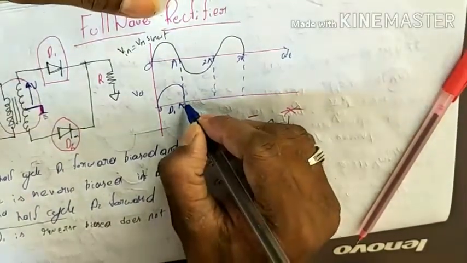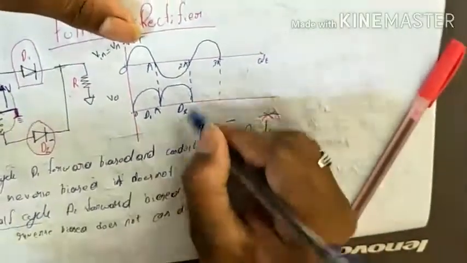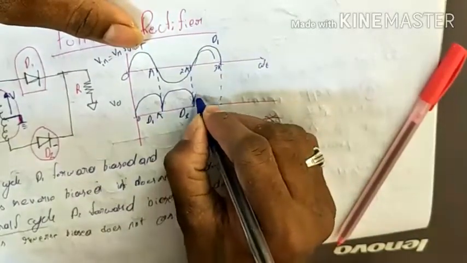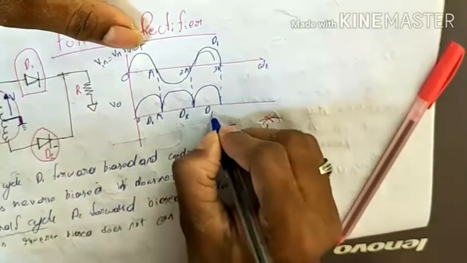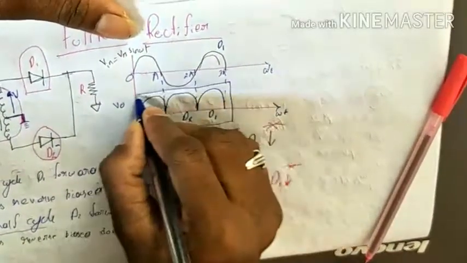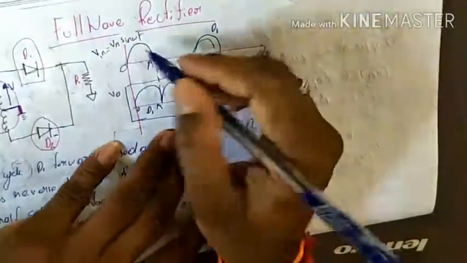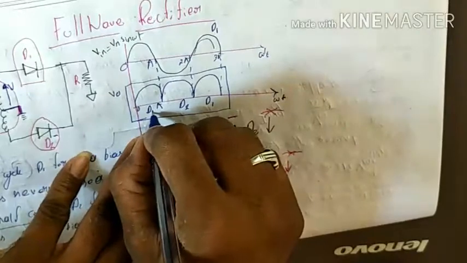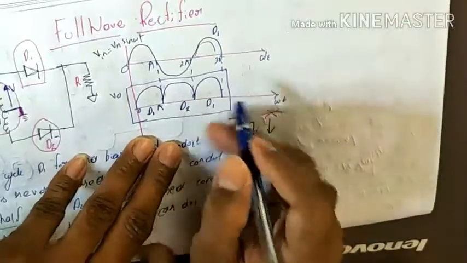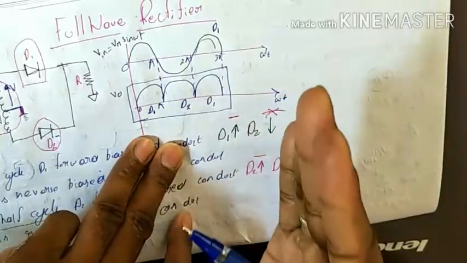For π to 2π, the diode D2 is forward biased. In the next positive half cycle, from 2π to 3π, diode D1 is forward biased again. So alternately the diodes are forward biased and reverse biased.